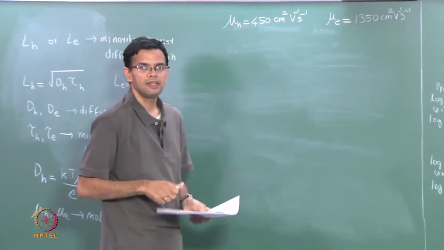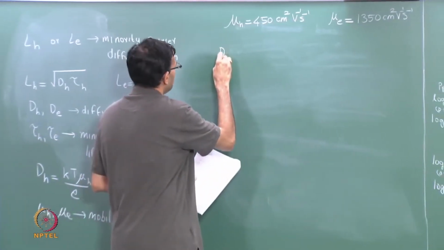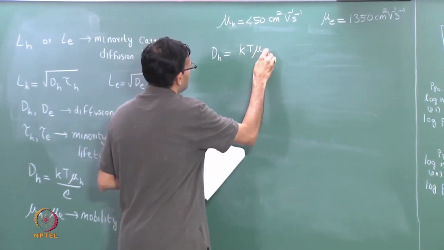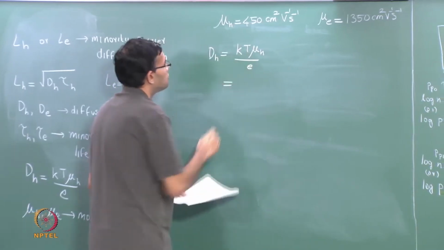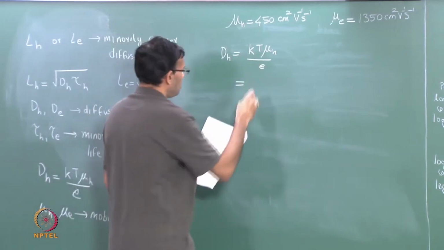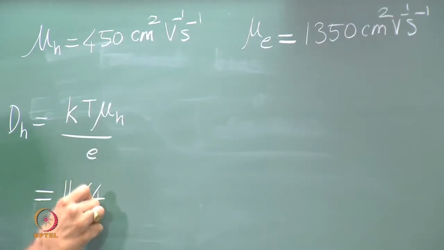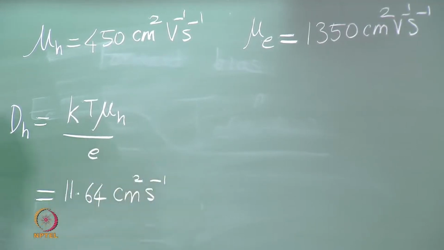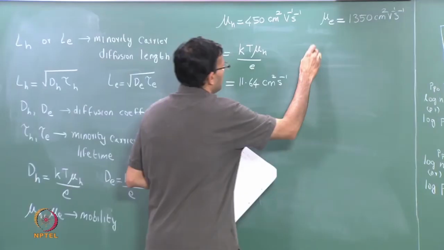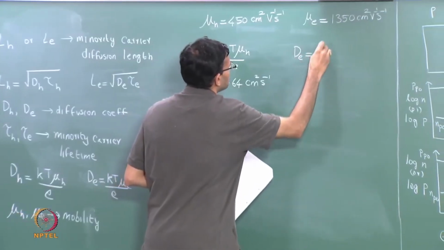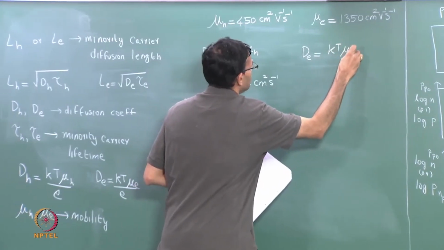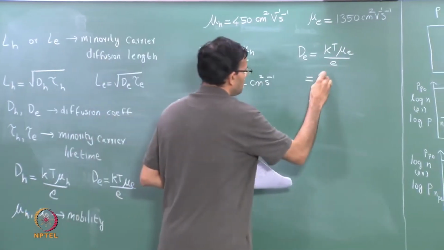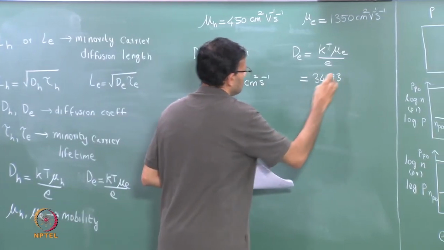Then we can calculate the values for the diffusion coefficient. D_H is kT mu_H over e. We can substitute the numbers, and that gives a diffusion coefficient of around 11.64 centimeter square per second. We can do the same thing for the electron, kT mu_E over e, which is nothing but 34.93.